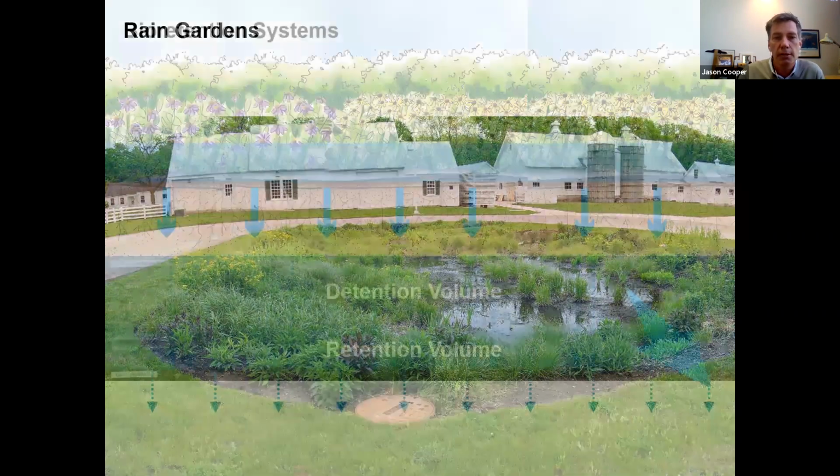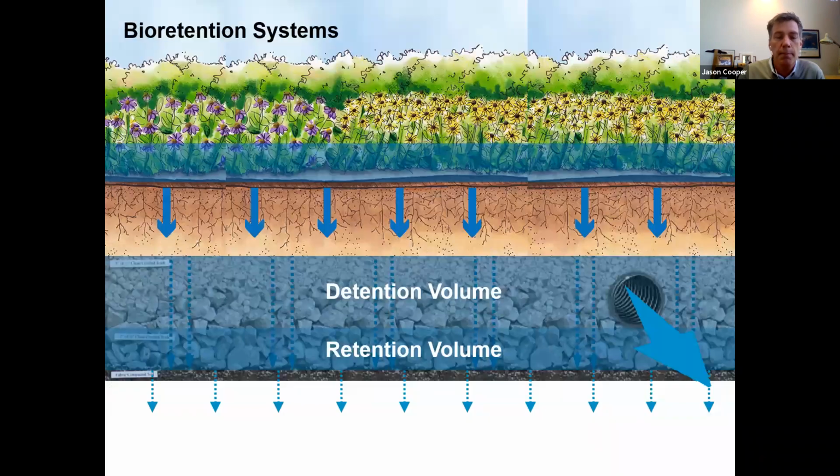And here's a bioretention system. So a bioretention system would look very similar at the surface, but based on MMSD's definition, it is a completely new construction, which starts with a gravel layer that has a perforated pipe to relieve the system of water.